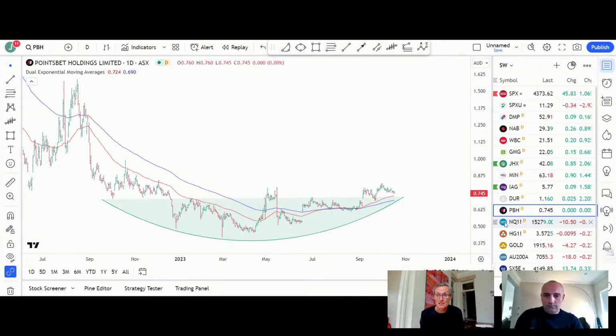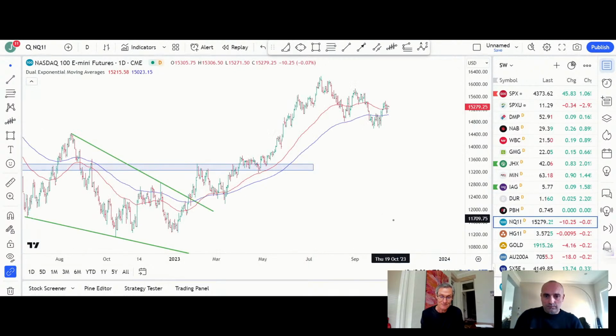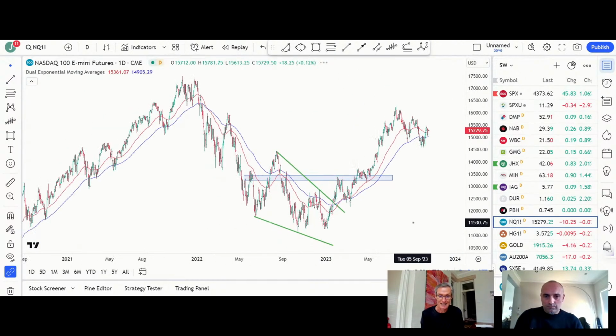And just quickly, having a look at a bullish wedge. This is from the NASDAQ, and this was another interesting one. So this is the NASDAQ 100. You can see these green converging trend lines. The way a bullish wedge works is that the momentum starts to subside as it moves closer to the apex, which is where the green lines ultimately converge.